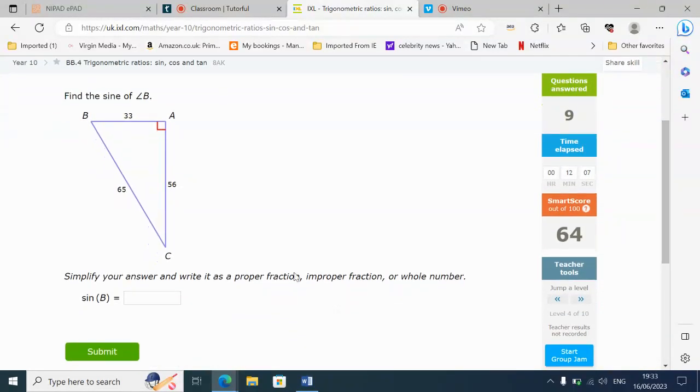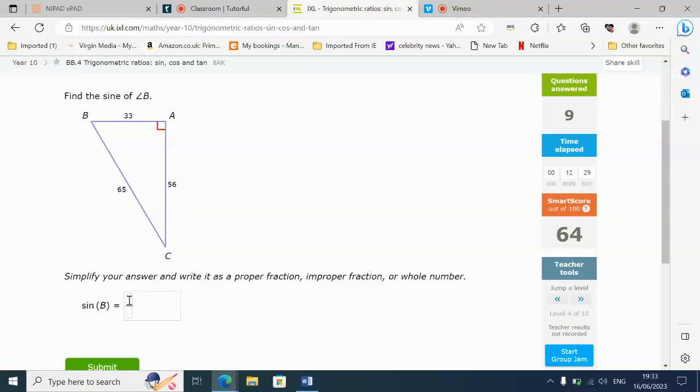And next, okay, we've got sine. So sine is opposite over hypotenuse. So sine B, opposite to B is 56.